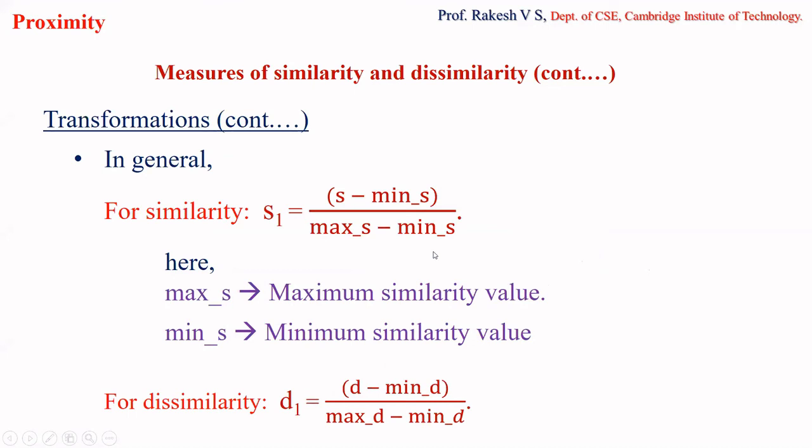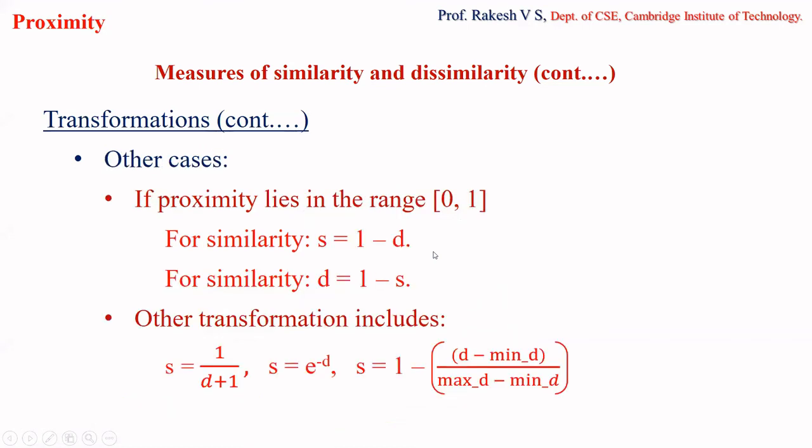So these are the two formulas in general which you can apply to bring the values into the range 0 to 1. I repeat again, these are the formulas used to get the values into the range 0 to 1. Clear? There are some other cases also. You can use even these formulas.